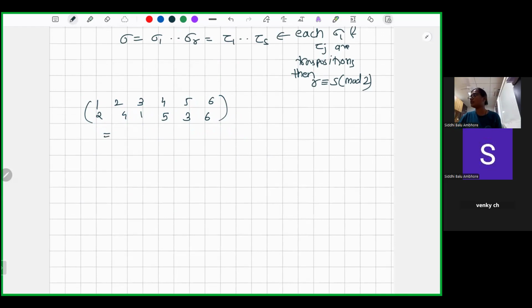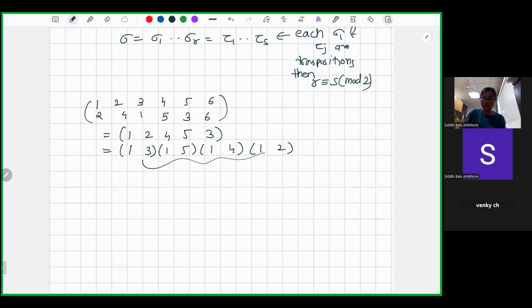So first let us write this in cycle form, and since 6 is fixed, we can omit it. 1 is going to 2, 2 to 4, 4 to 5, 5 to 3, and 3 to 1. So this is a 5-cycle, and now we will write it in the form of transpositions: 1 3, 1 5, 1 4, 1 2, and that's it.